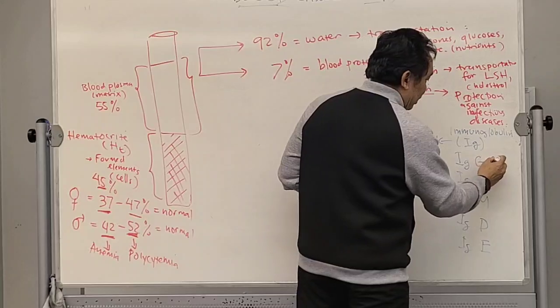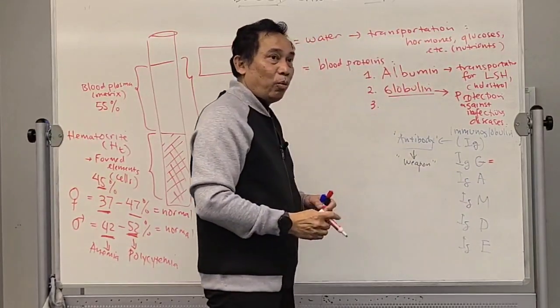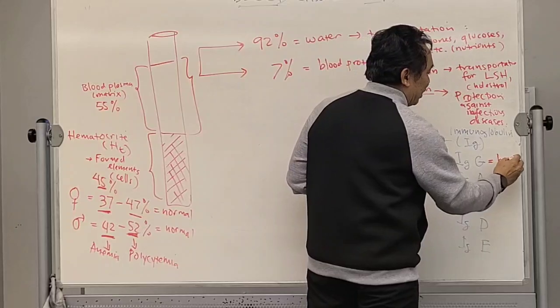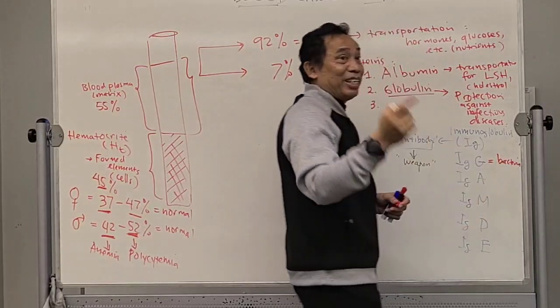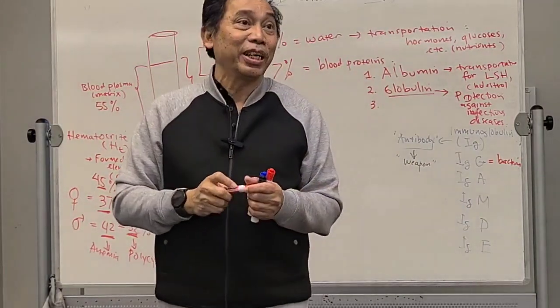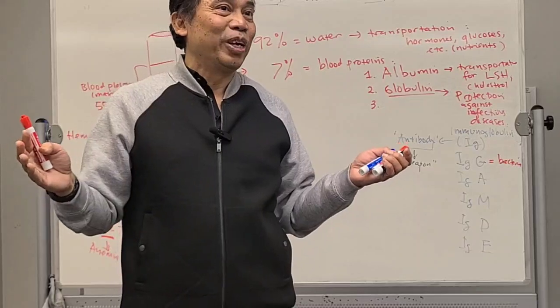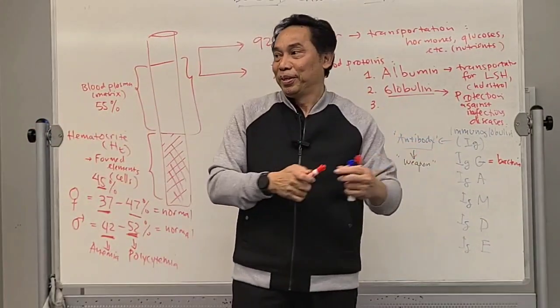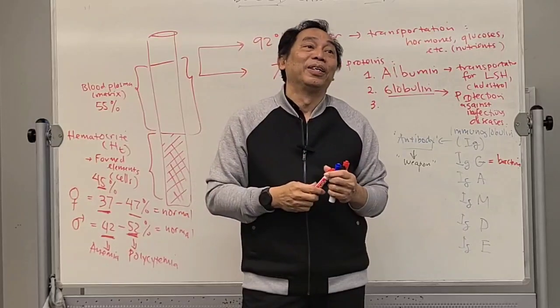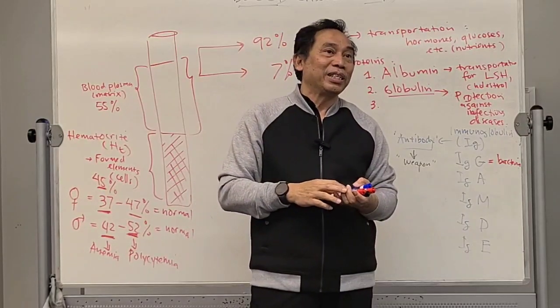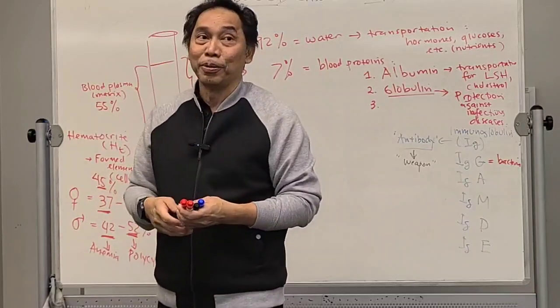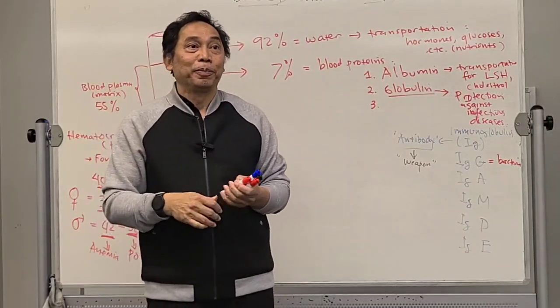This IgG mostly will kill the bacteria. You see the connection with last time when we talked about the leukocyte, the white blood cell? Which white blood cell kills bacteria, fights against bacteria? Anybody still remember? What type of white blood cell kills or fights against bacteria? This is the most abundant white blood cell also in our blood.